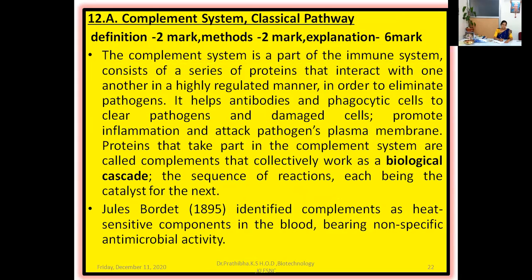It helps antibodies and phagocytic cells to clear pathogens and damaged cells, promotes inflammation and attacks the pathogen's plasma membrane. Proteins that take part in the complement system are called complements, which collectively work as a biological cascade, a sequence of reactions, each being the catalyst for the next. Further, Jules Bordet in the year 1895 identified complement as a heat-sensitive component in the blood bearing non-specific antimicrobial activity.